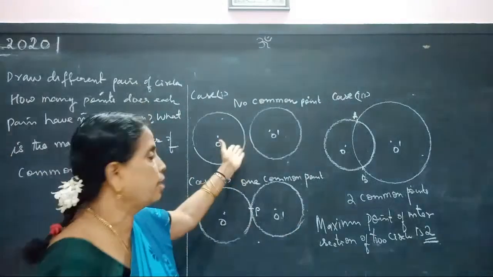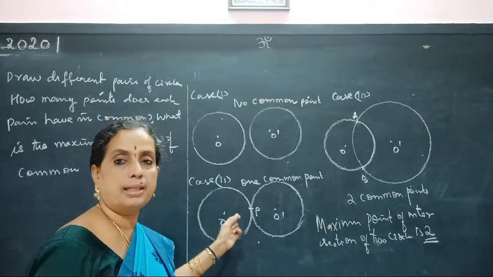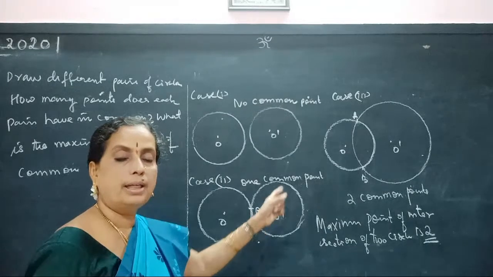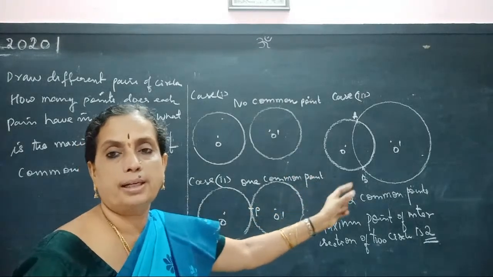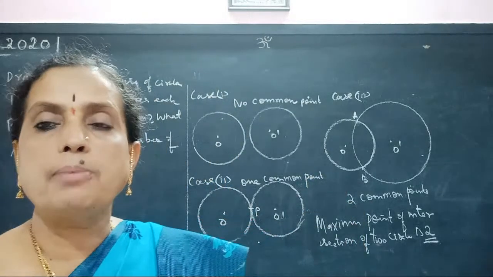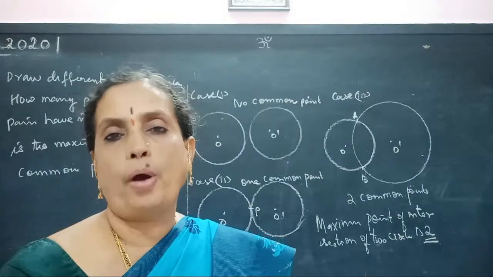In the first case, there is no common point. In the second case, they are just touching, one common point. In the third case, they are intersecting, so you have two common points. So the maximum number of points of intersection is only 2.